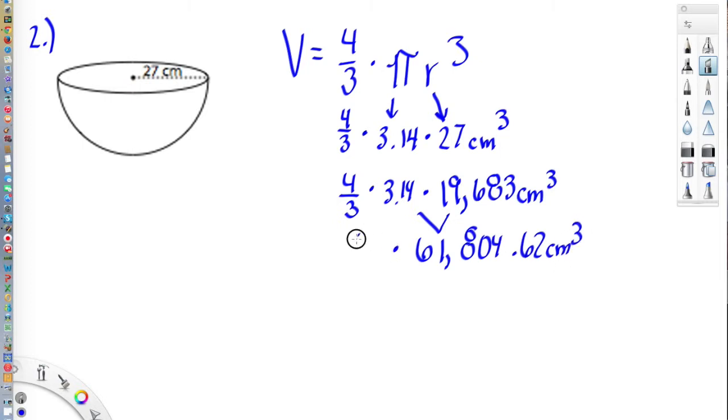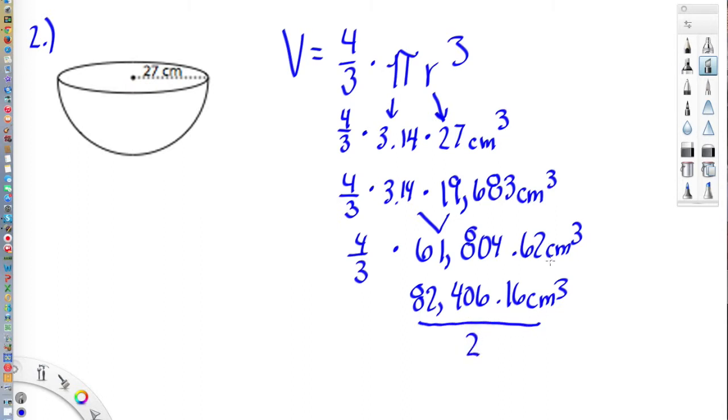I still need to multiply that by 4/3, and after multiplying it by 4/3, now I'm going to get 82,406.16 cubic centimeters. But then I need to take this and divide it by 2. And when I divide that whole thing by 2, that's going to bring me down to my final answer for half the sphere.